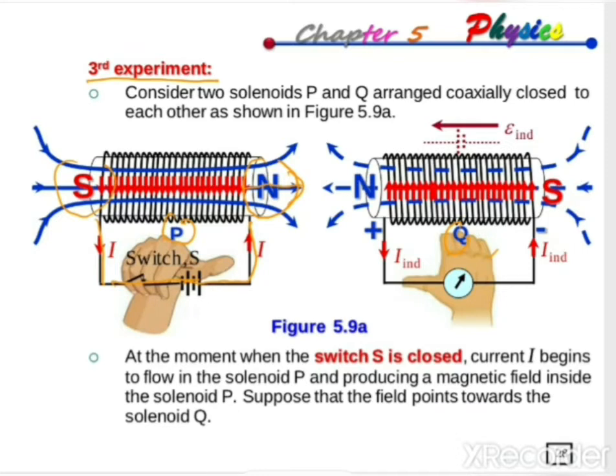So that's why the end of solenoid Q which is in front of P will act as a north pole, to reduce the magnetic field from solenoid P. Therefore, by using the right hand grip rule, the induced current in the circuit is anti-clockwise.